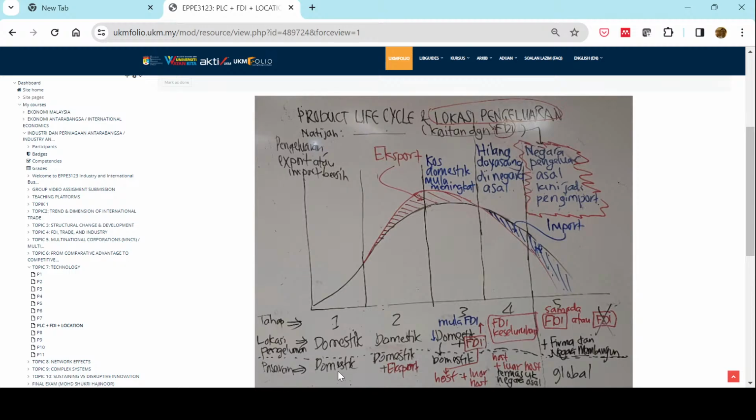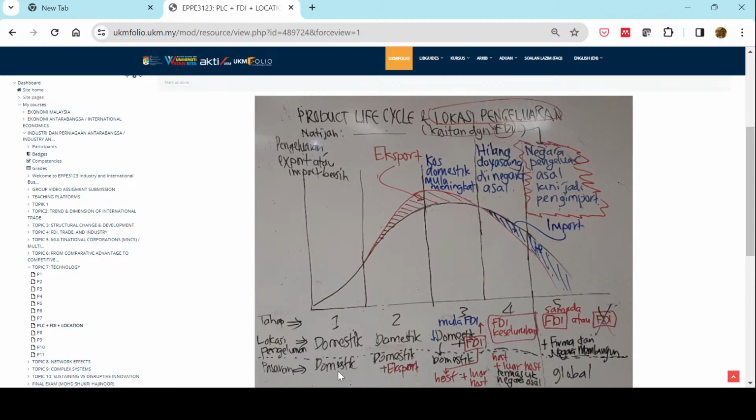Stage 1, just introduced to the market, location of production in the United States. The market is in the United States, all local and domestic. Stage 2, location of production still in the country, in the United States. And now the products began to be exported.